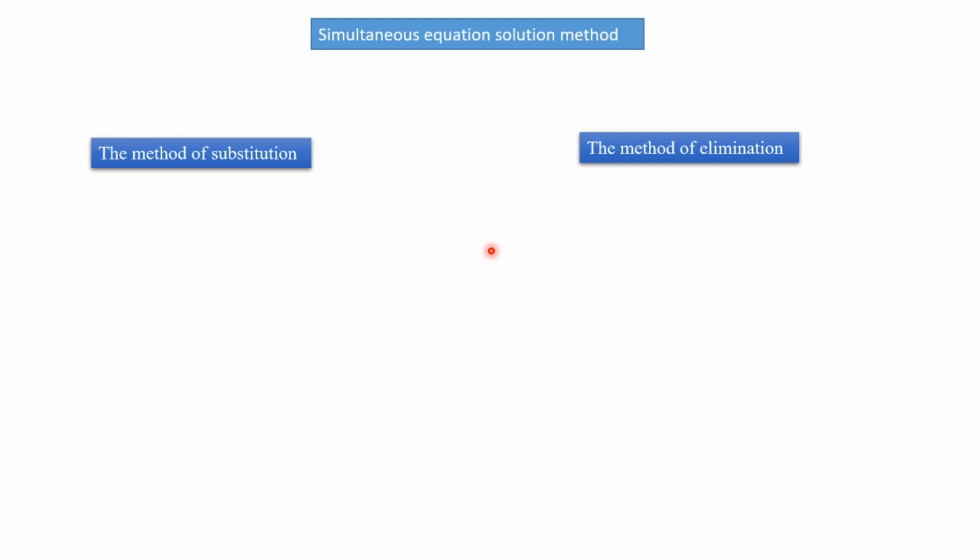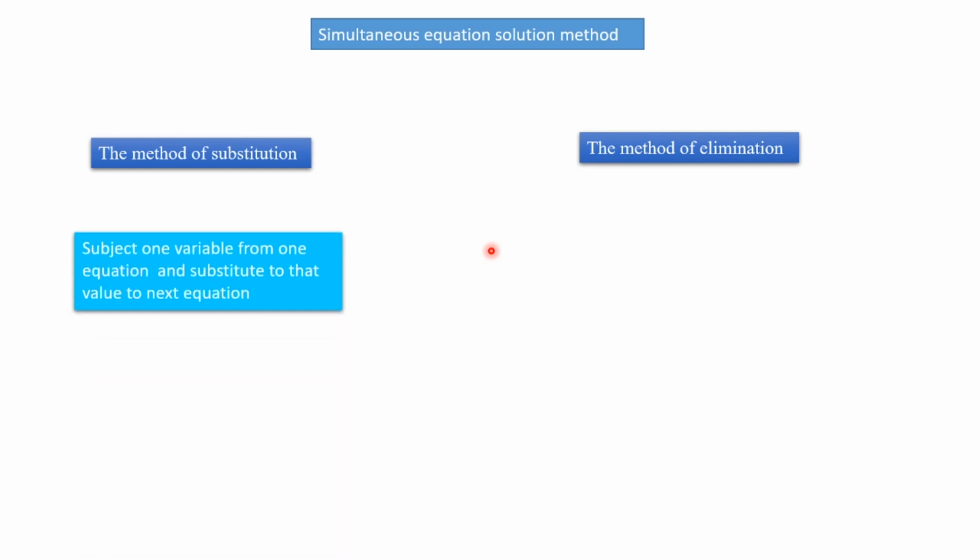What do you do in the method of substitution? You make one variable the subject using one equation, and then substitute that value into the other equation. That is called the substitution method. I think you will get this idea through the problem, so I will explain it later.